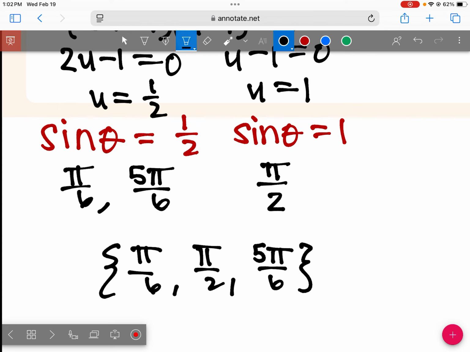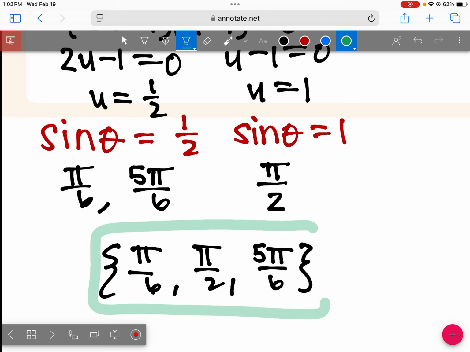I would count a point off if you write it like this. It has to be in the correct unit circle order. That should not be a difficult task, as you guys know the unit circle very well.